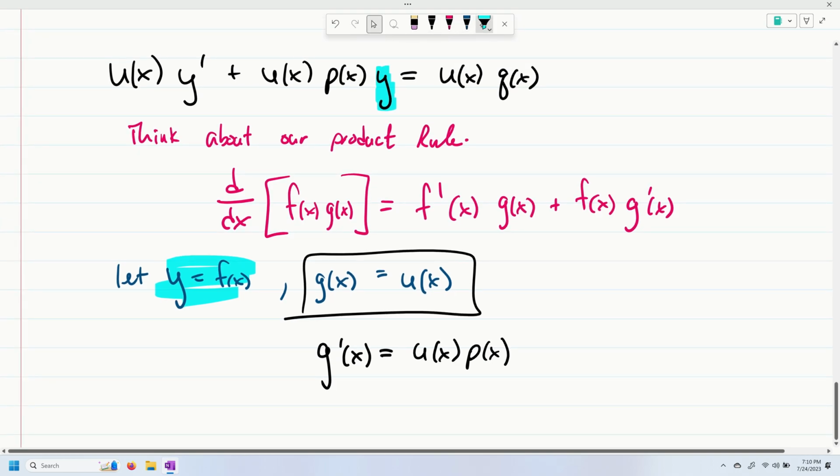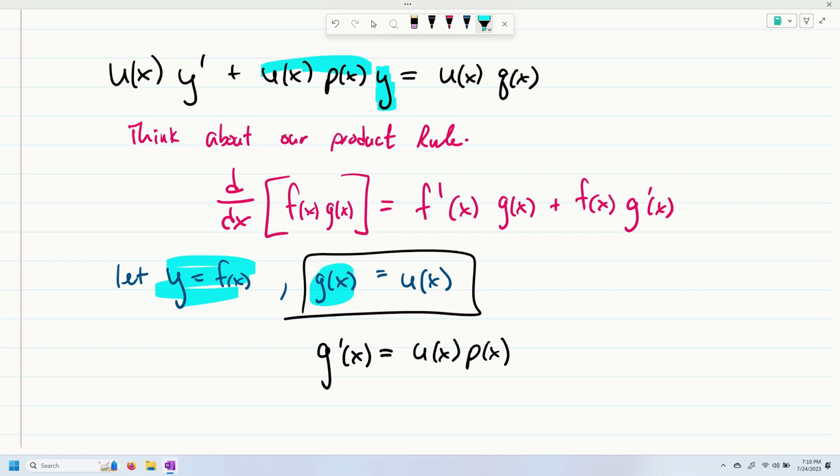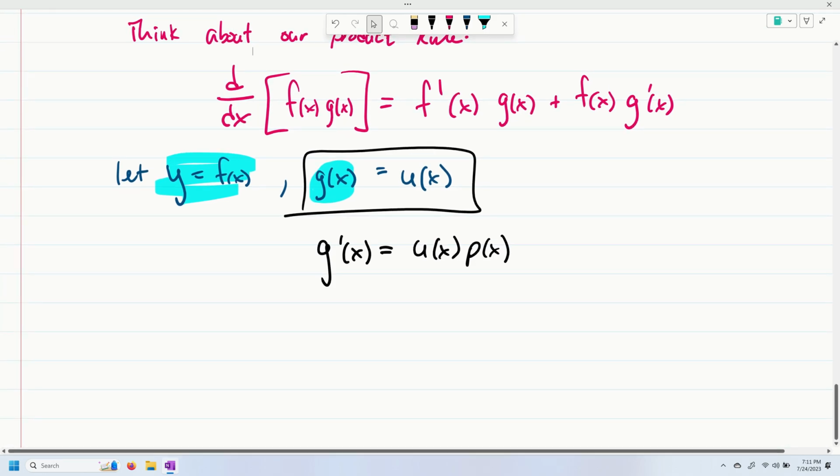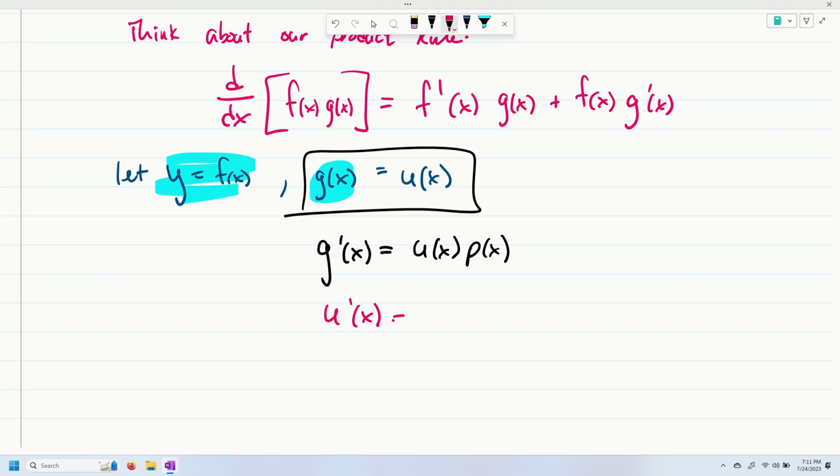So this right here is this whole thing right here. So the derivative of this is going to be g prime of x equals u of x p of x. And this leads to u prime of x equals u of x p of x, because we are saying u of x is g of x. Therefore, the derivative of u of x is going to be the derivative of g of x, which is u of x p of x.